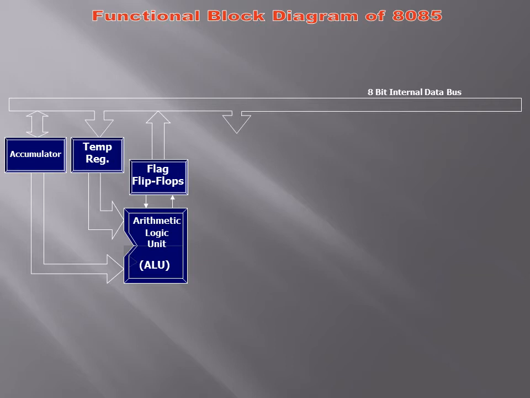So what else is required for the accumulator to carry out operations is that it needs to have the data. Since there is no internal RAM available inside the microprocessor chip 8085, if we have to store the data, it is to be stored outside. When the data is stored outside, it takes ample time to get that data to the accumulator.